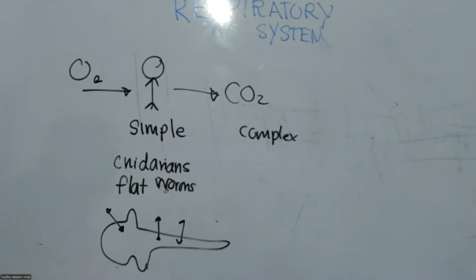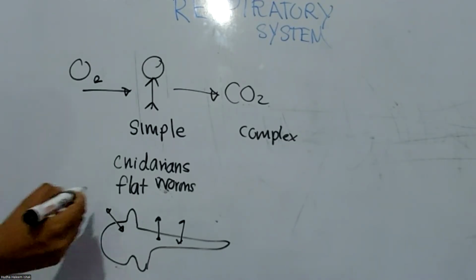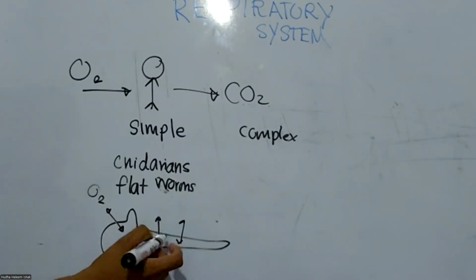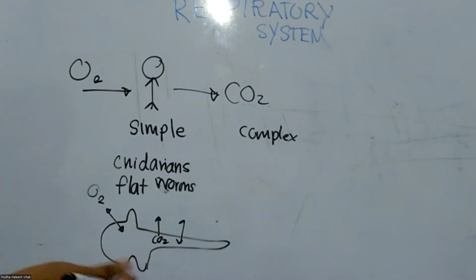So cnidarians and flatworms are given as the simple animals. These simple animals have cells which are in direct contact with the external environment. So all the oxygen comes into their body through diffusion, and carbon dioxide moves out of their body by diffusion as well. Can you all remember what diffusion is? Give me the definition of diffusion. Anyone?